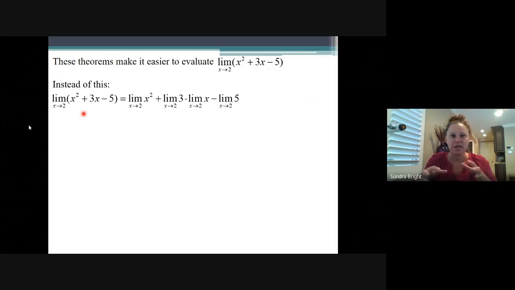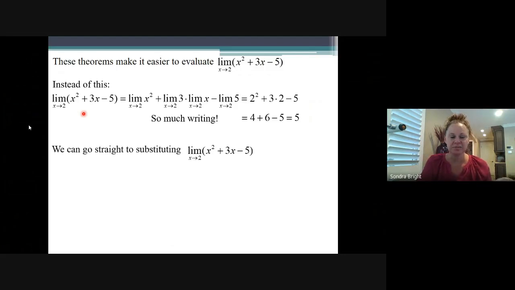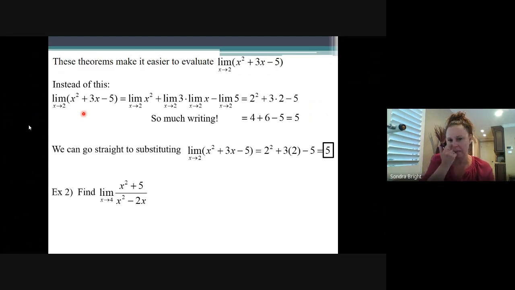Technically, you'd have to take the limit of x squared as x goes to 2, then the limit of 3 times the limit of x, and subtract the limit of 5, and compute them all separately. Too much writing. Instead, those theorems allow us to plug our limit right into the polynomial. So 2 squared plus 3 times 2 minus 5 gives you 5.